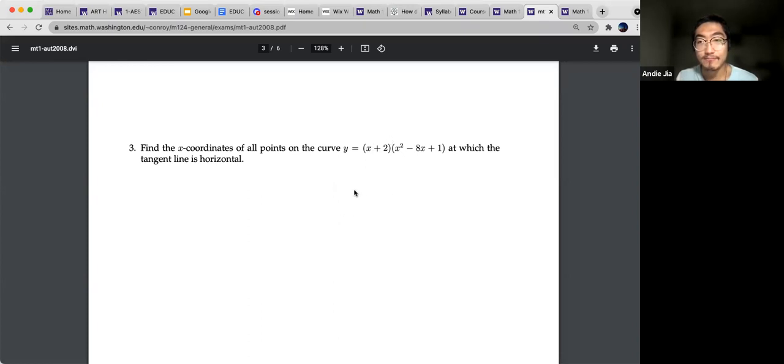Find y prime of x, then set y prime equal to 0. Then find all the x values that make the horizontal tangent line. Does this make sense for this question when finding the horizontal tangent line?